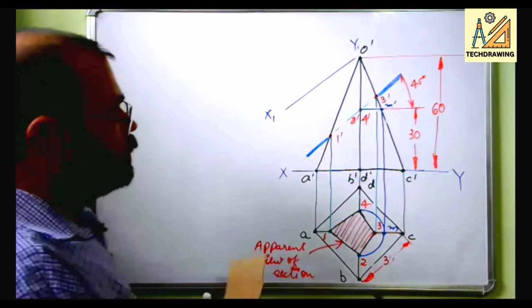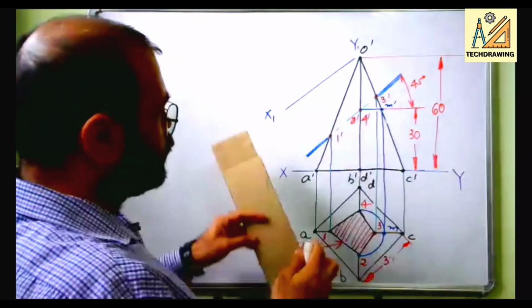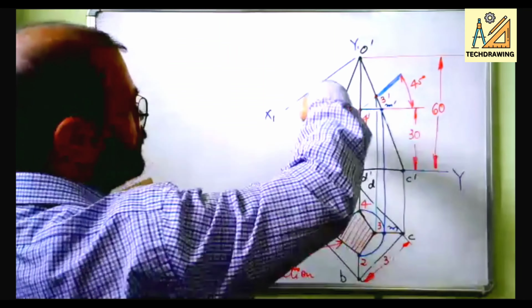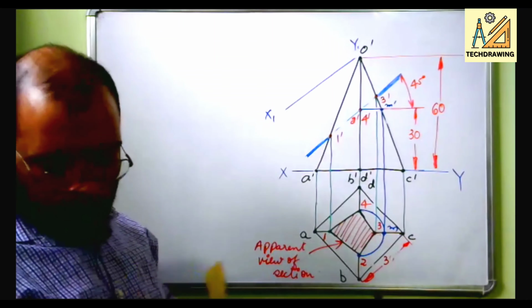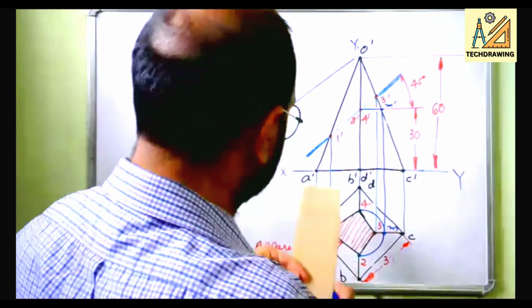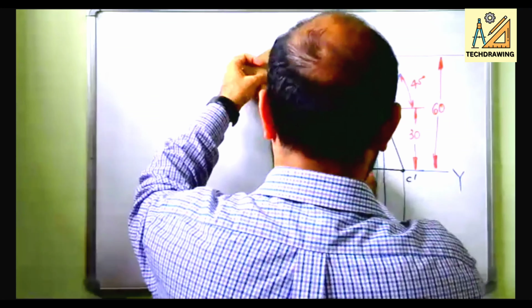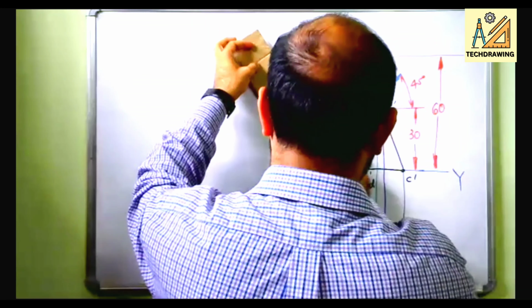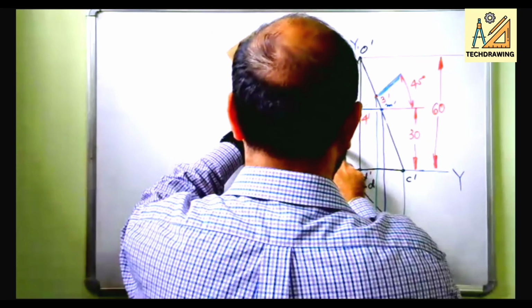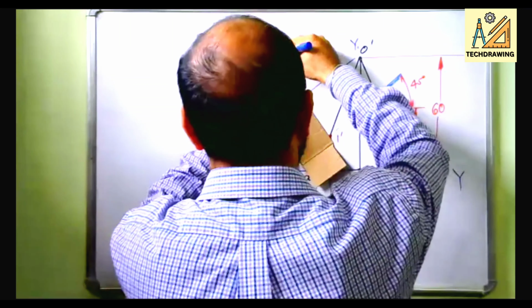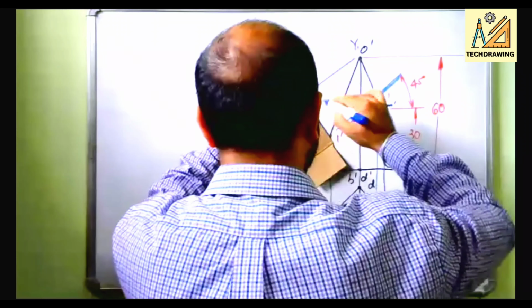Now from these 3 points, you draw perpendicular lines, extend perpendiculars. Let us draw perpendicular lines. Now, these should be correct. That is why I am using this.